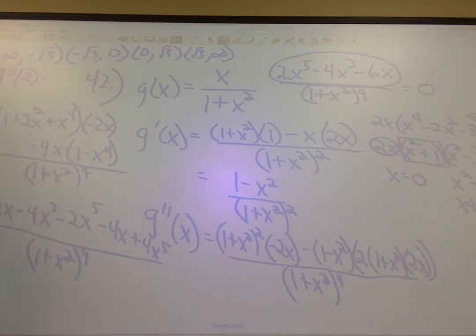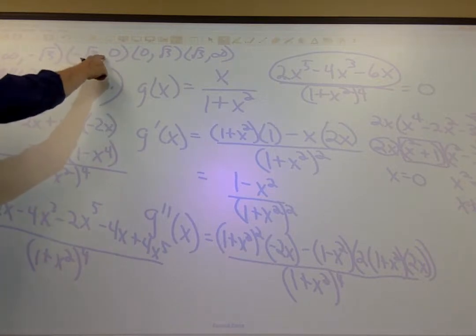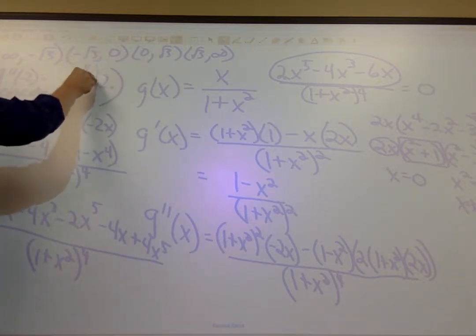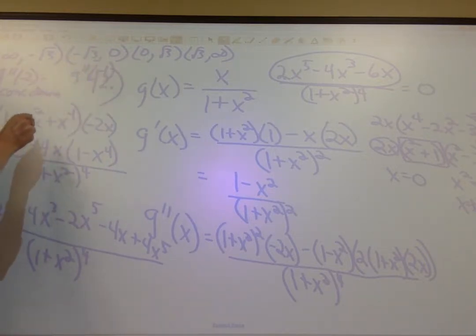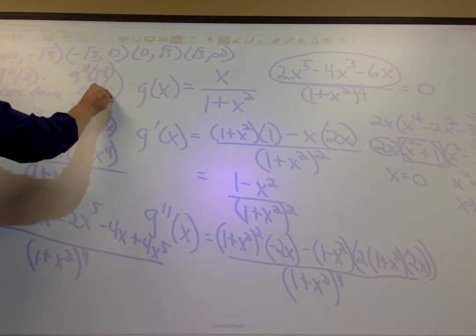So this was negative, that was negative, so that'll be concave down. If I put negative 1, which would be in this interval, is it positive? Concave up.